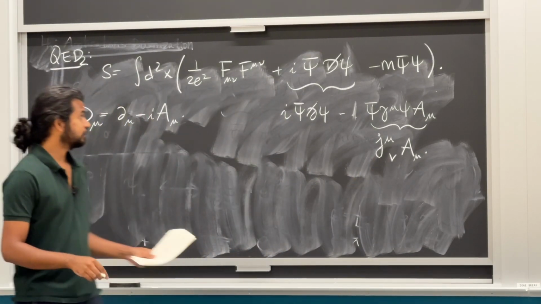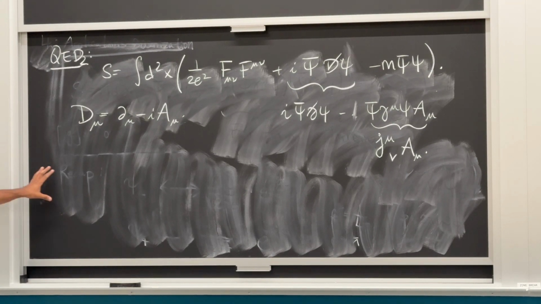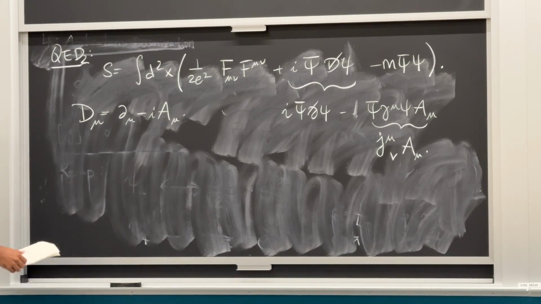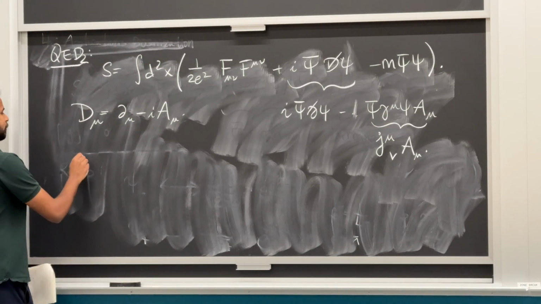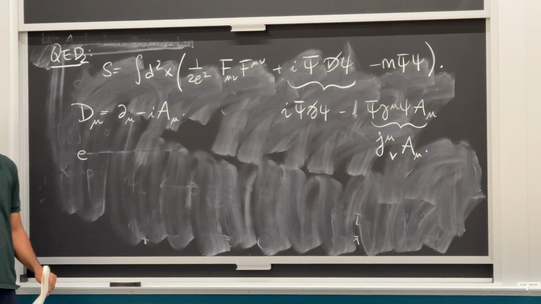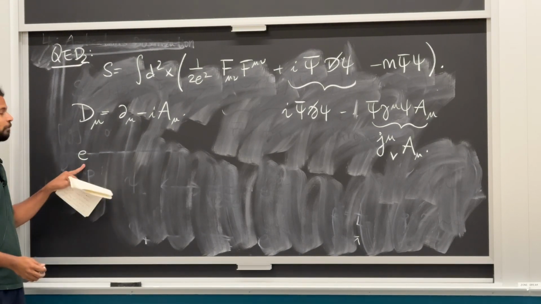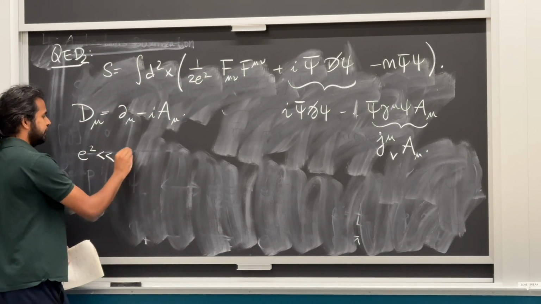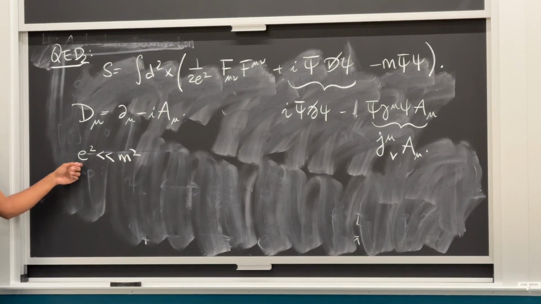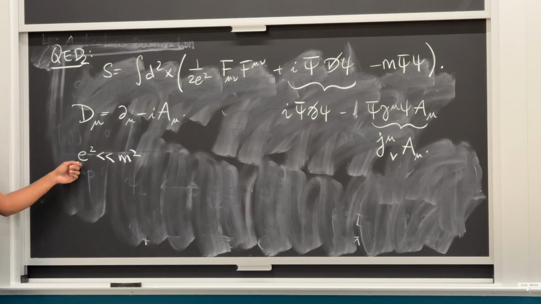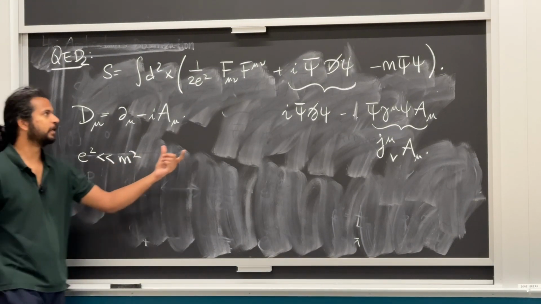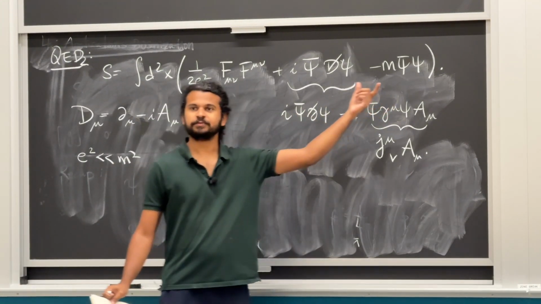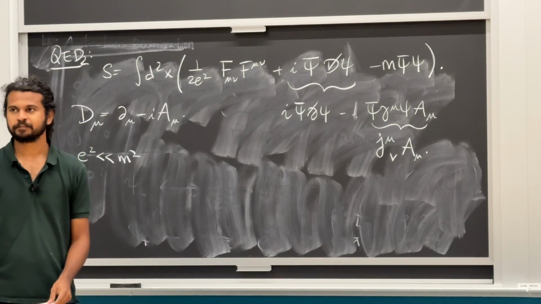So let me quickly comment about perturbation theory as such. e, if you count dimensions, turns out to have mass dimension, and as e tells us about the strength of the electromagnetic field, if e is really small compared to the mass of the fermions, we can just do perturbation theory, right?